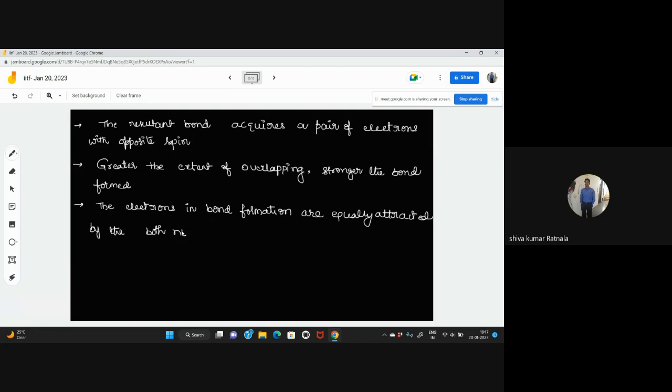So have you understood what I'm trying to say in this point? The nuclei means the centers. So these two electrons, the electrons which are involved in the bond formation, are attracted by both the nuclei.